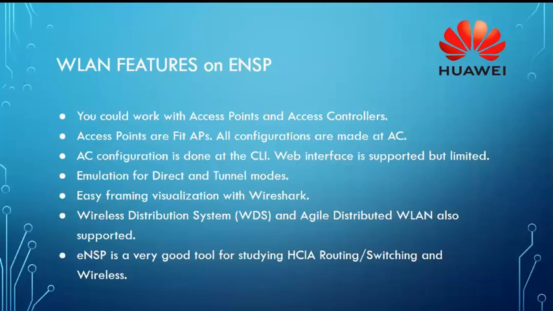They are just radio feature access points, very simplified access points that are controlled in a centralized way, and these are called the agile distributed wireless LAN. This kind of solution could also be tested on eNSP.